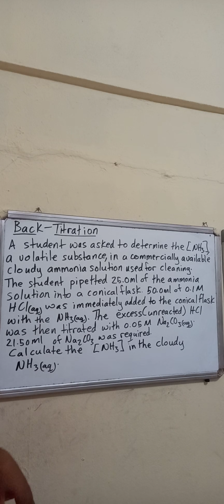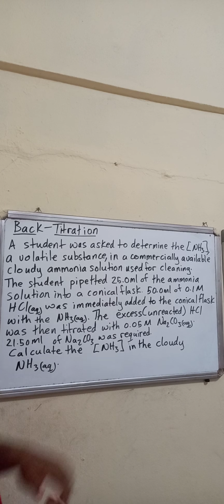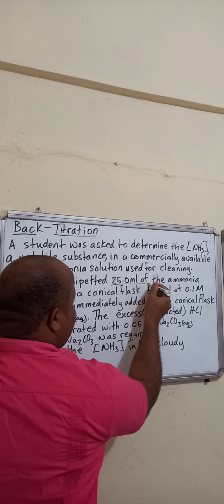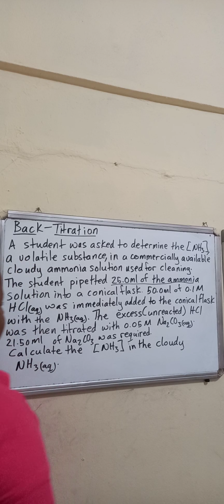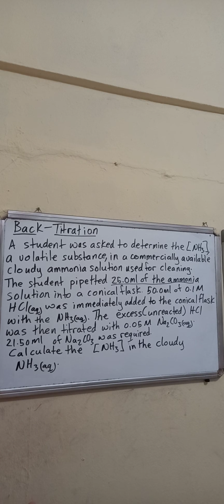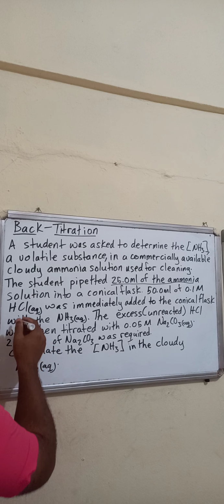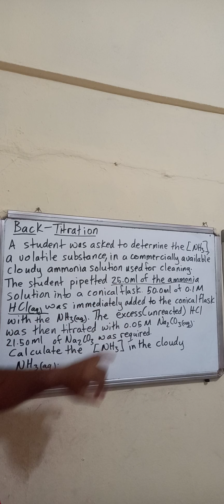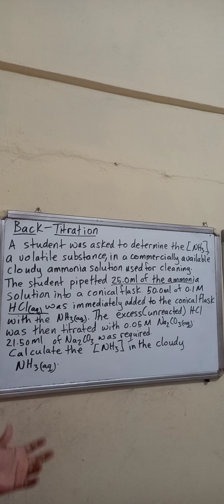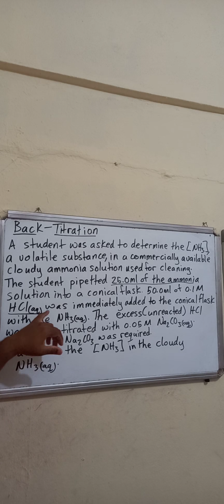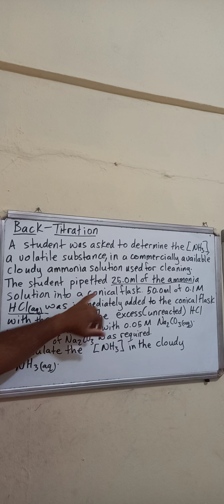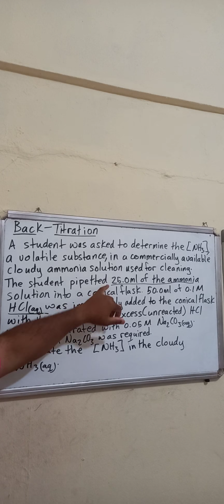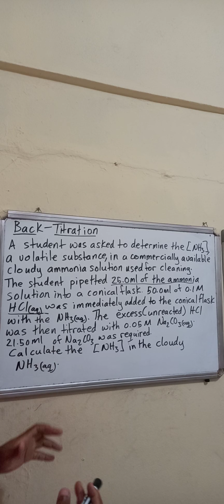From the question, we have our ammonia solution in the conical flask, and we add hydrochloric acid. Ammonia is the base, hydrochloric acid is the acid. We are not doing any titration at this point. We are just carrying out a reaction here.